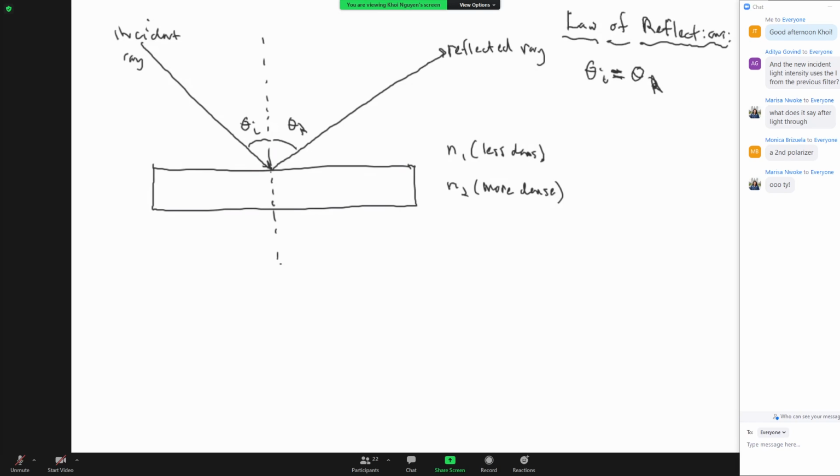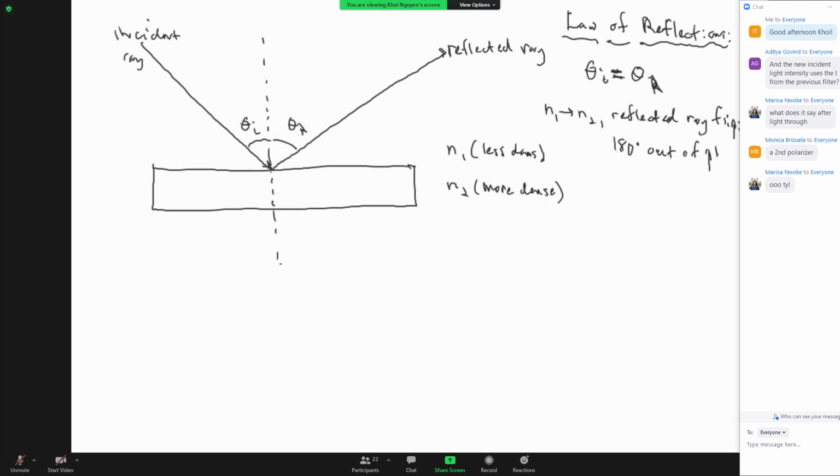Okay. The other thing that can occur, by the way, if we're going from a less dense medium to a more dense medium, the reflected ray flips. So if we're going from less dense to more dense, the reflected ray flips 180 degrees out of phase.